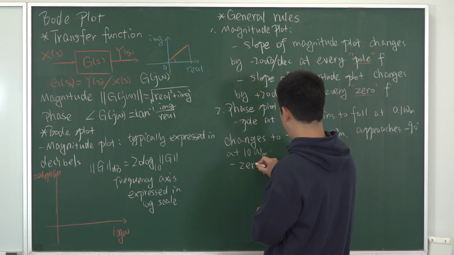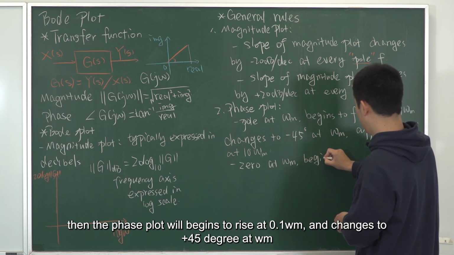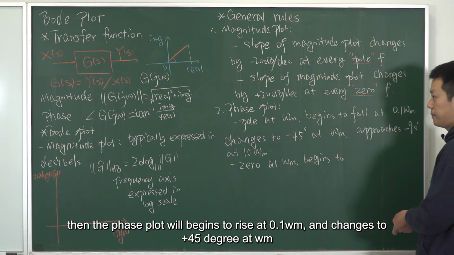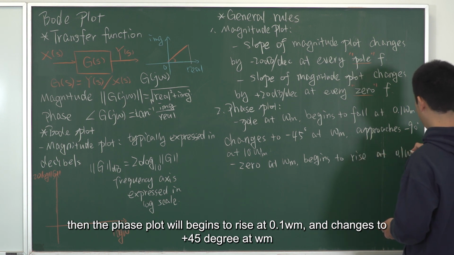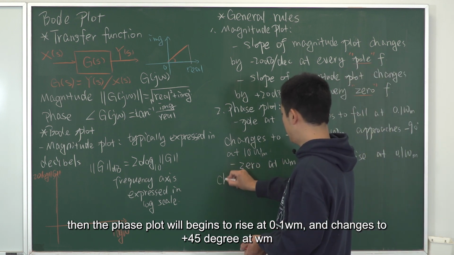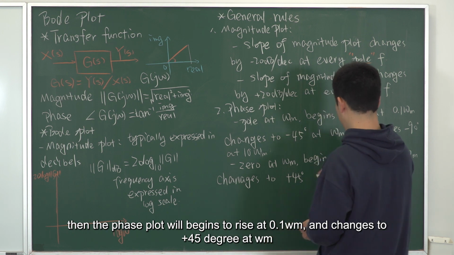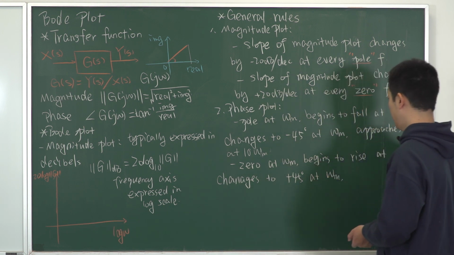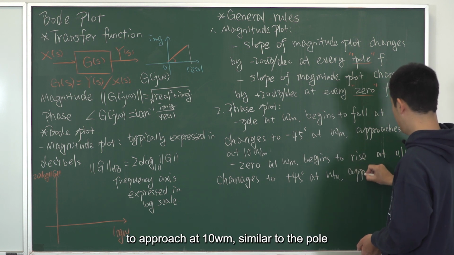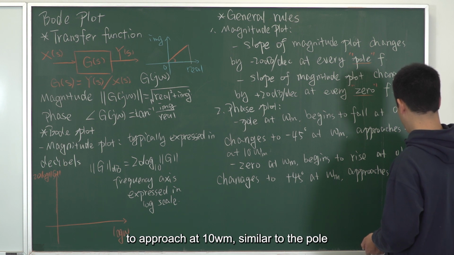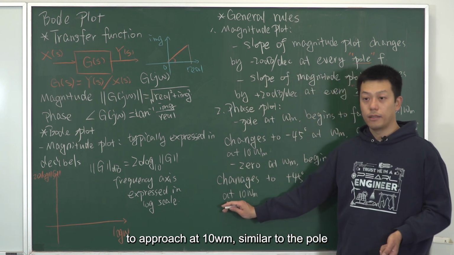If we have a zero whose frequency is ωm, then the phase plot will begin to rise at 0.1 ωm, change to plus 45 degrees at ωm, and eventually accumulate to positive 90 degrees, approached at 10 ωm.